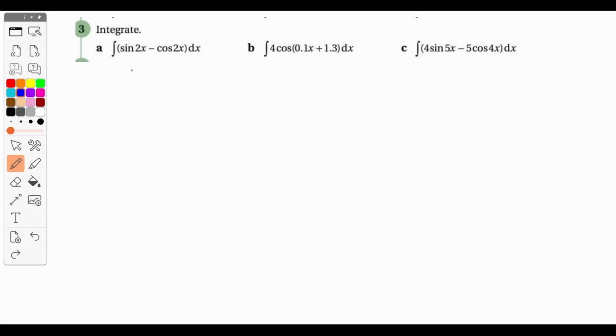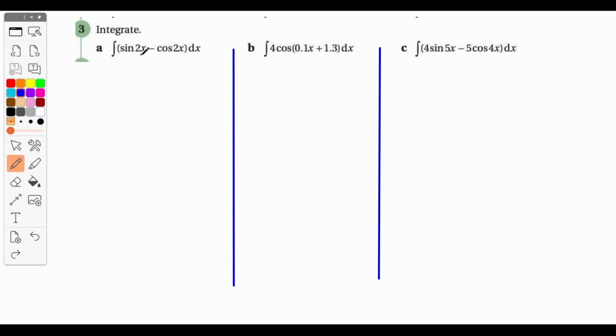Integrate question A, the integral of sine 2x minus cosine 2x dx. Here we have two terms inside the integral, so we can integrate one by one.